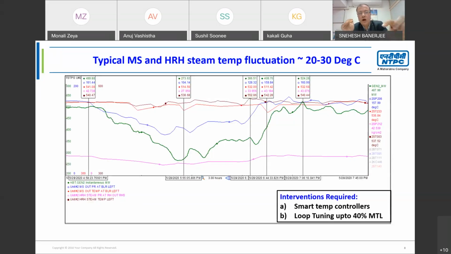Now how to mitigate that? If the temperature variations are more, the equipment is subjected to more creep and fatigue loading. That is not intended. That will eat away the basic life of the equipment components. So we have to minimize these temperature variations. That is the basic fundamental of any flexibilization project.